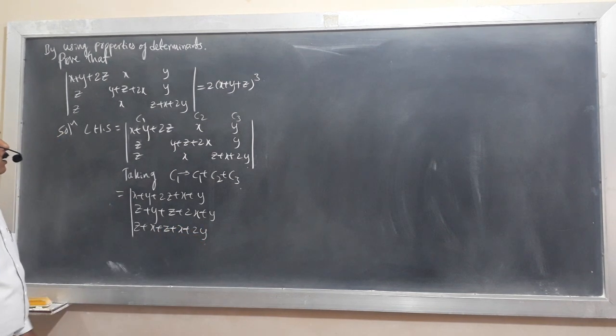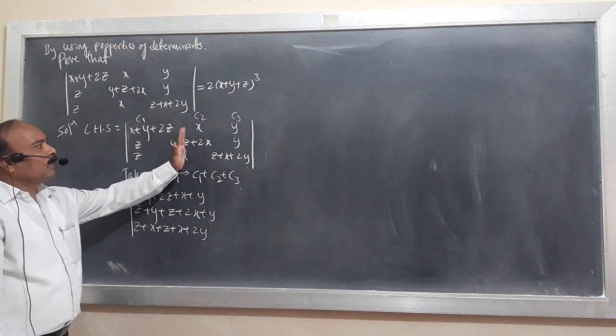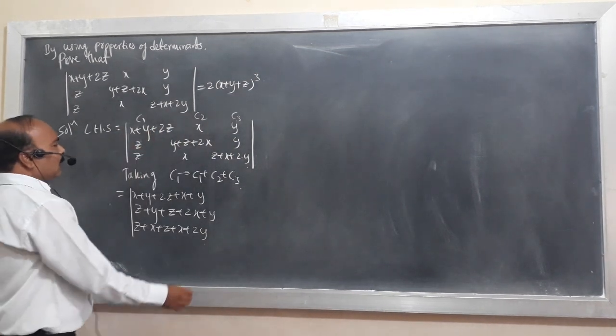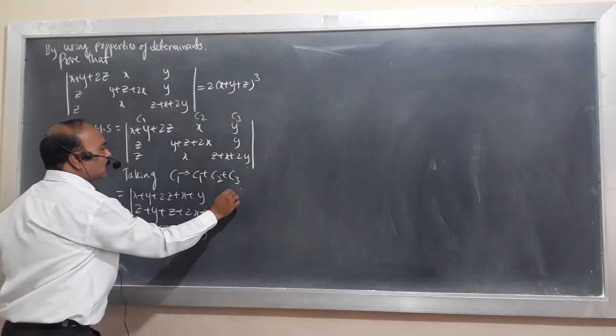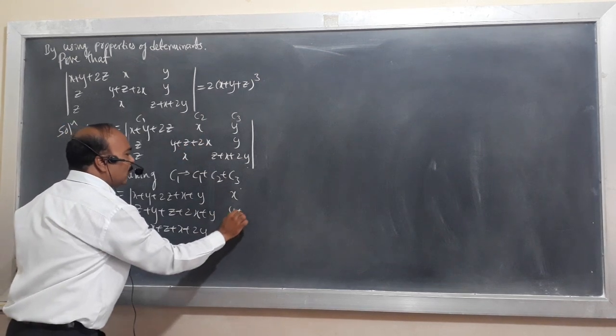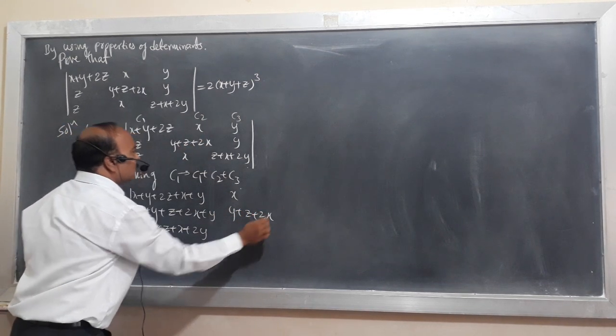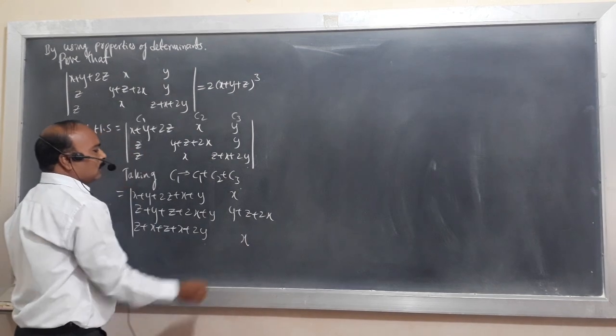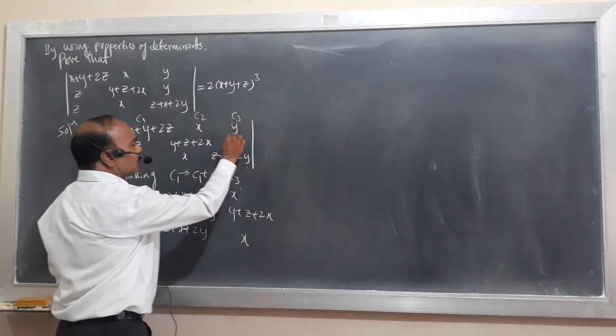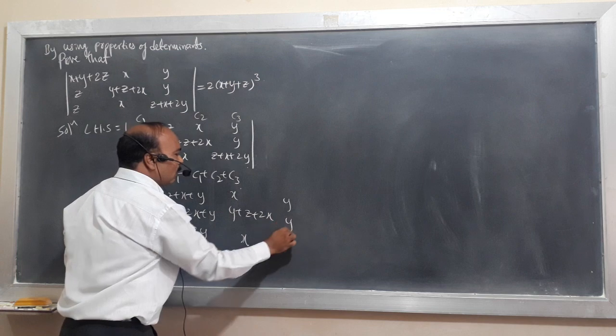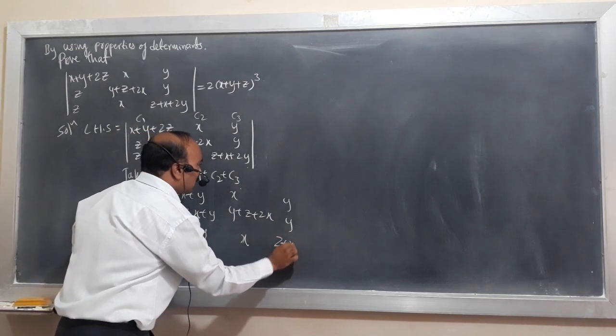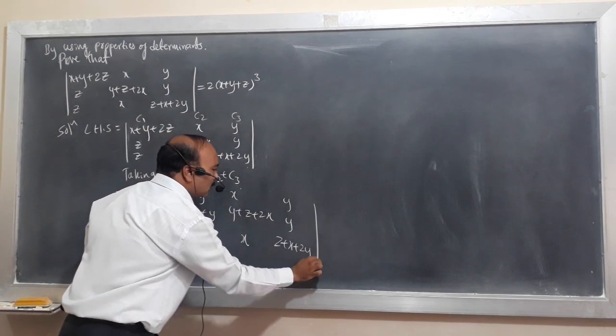It is nothing but C1 plus C2 plus C3. Remaining two columns as they are: x, y plus z plus 2x, x, and third column y, z plus x plus 2y. It is as it is.